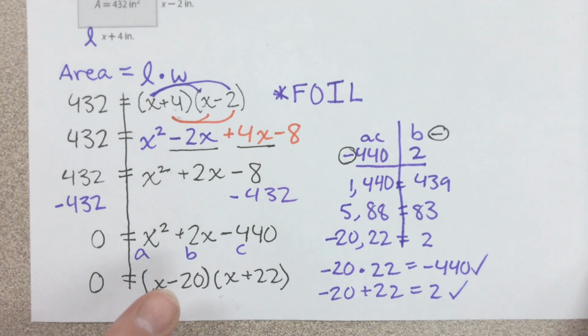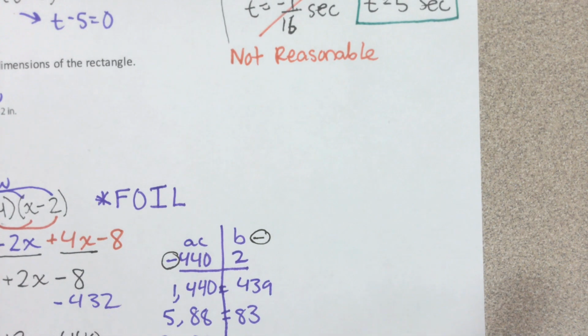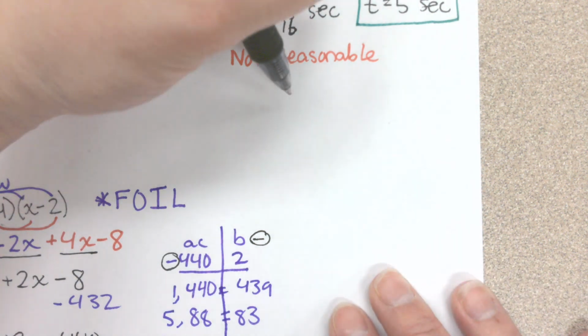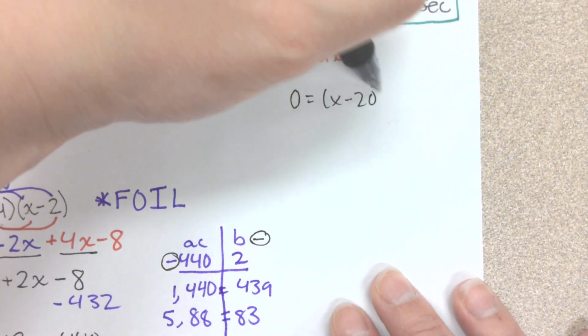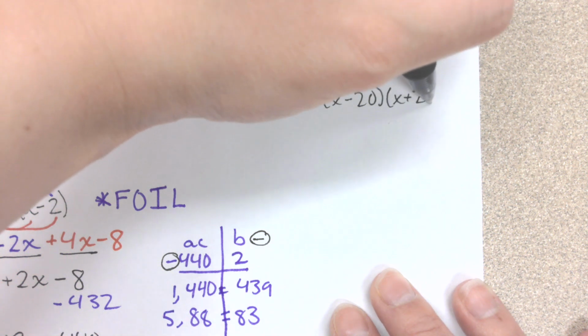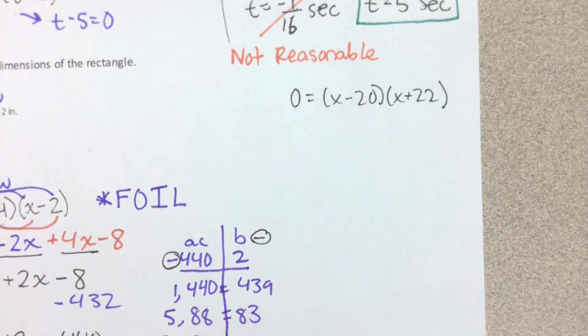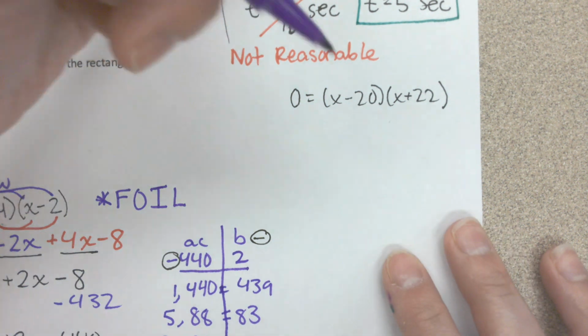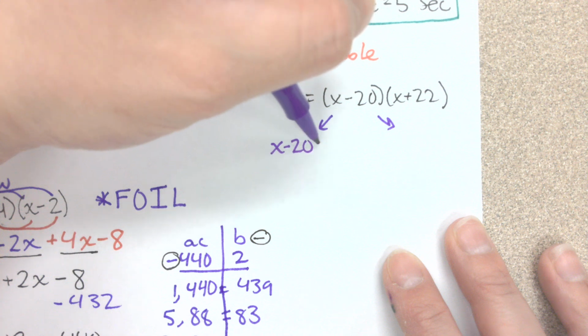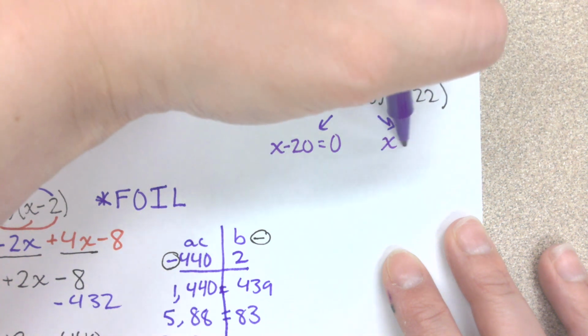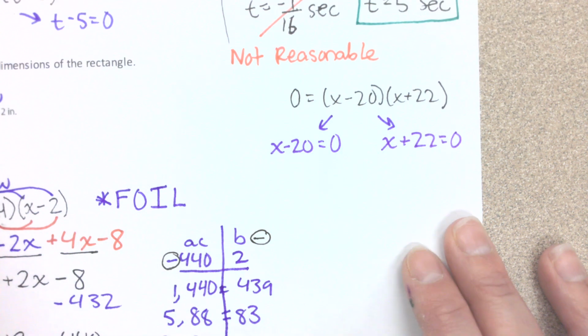We are almost done. I'm going to move this over to my right side here as I've run out of space. 0 equals x minus 20, x plus 22. Now we may split and solve. We have x minus 20 equals 0, and x plus 22 equals 0.